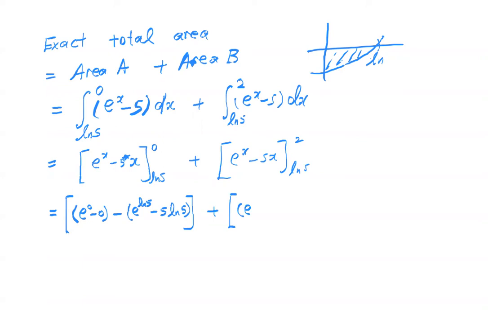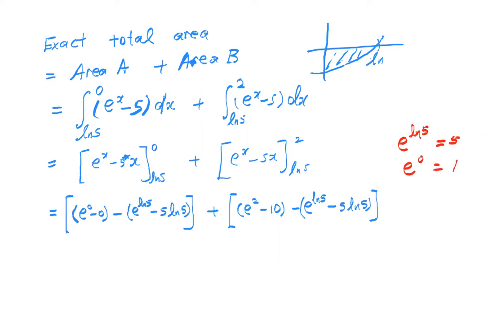Plus e to the power of 2 minus 10, take away e to the power of ln 5, minus 5 ln 5. Okay, close. So what you need to do is you have to know that e to the power ln 5, the answer is 5. e to the power 0 is 1.